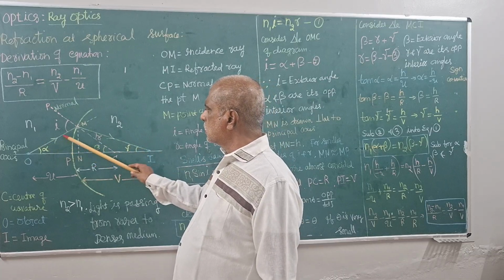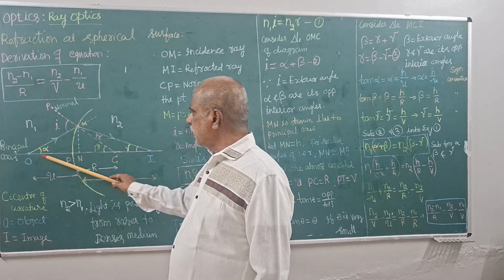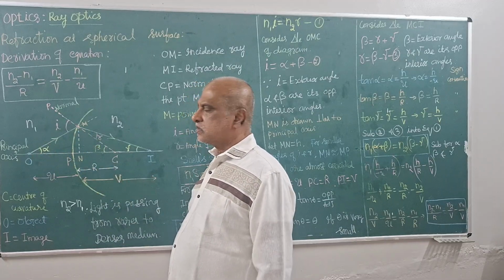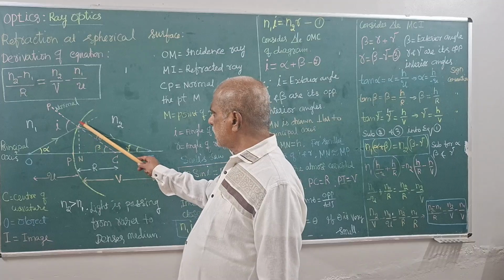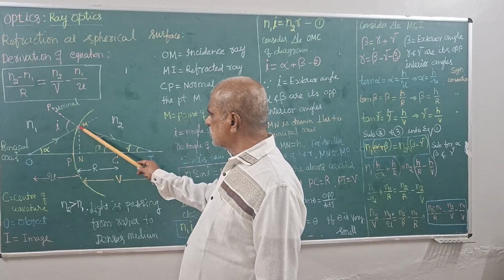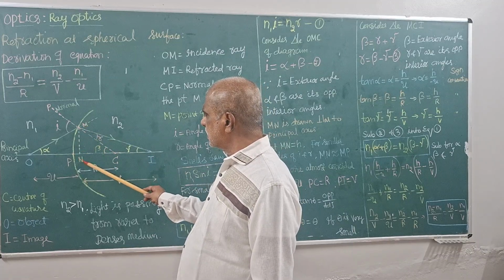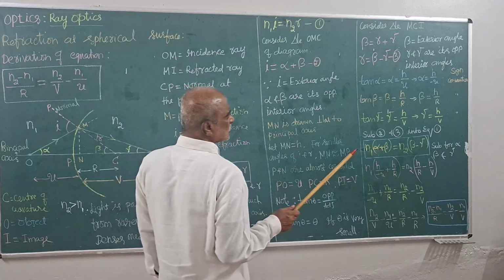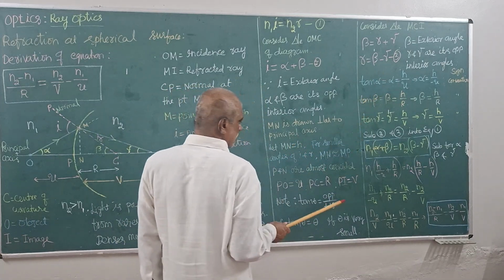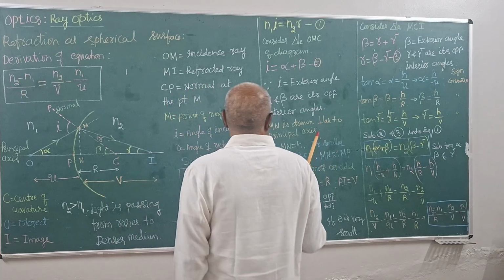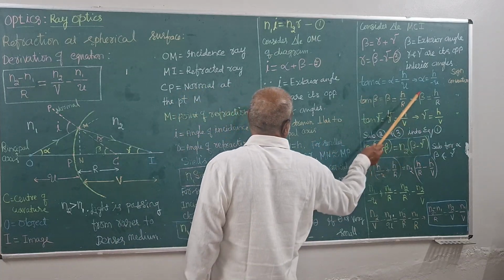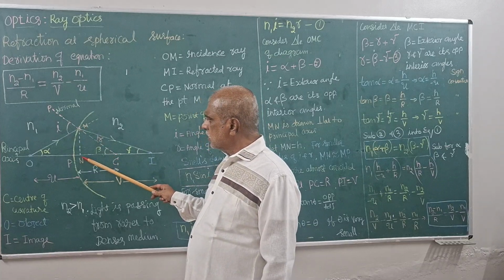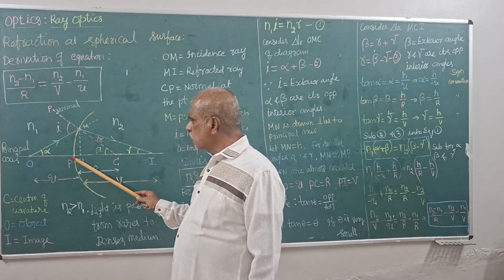Tan alpha is equal to opposite divided by adjacent. Let us call the opposite length small h.